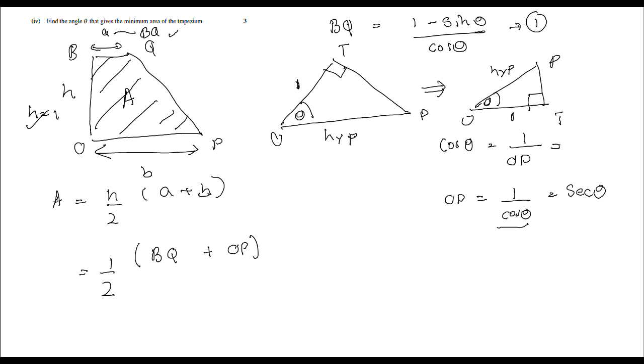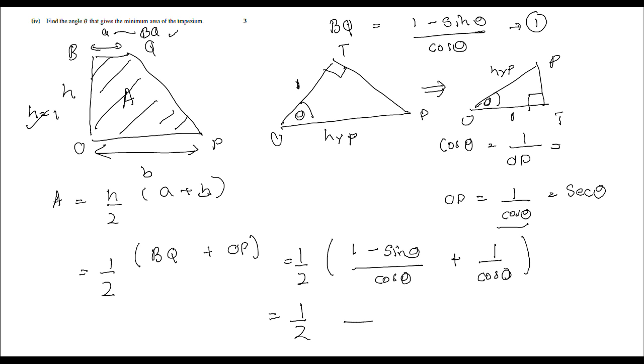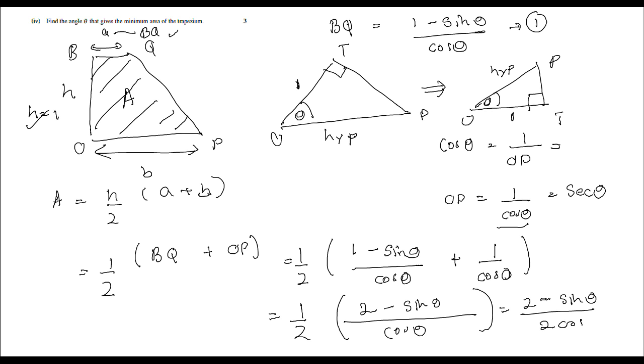Half of BQ, which is (1 minus sine theta) over cos theta, plus 1 over cos theta, which is OP, gives me half, with a common denominator, 1 plus 1, so (2 minus sine theta) over 2 cos theta.